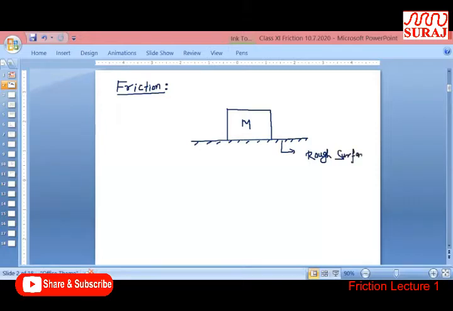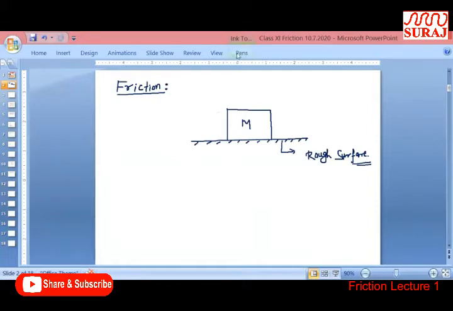If you remember, earlier we have taken all the surfaces as smooth. When I was discussing Newton's laws of motion, we considered most of the surfaces as smooth. In this case, I am taking the surface as a rough surface.